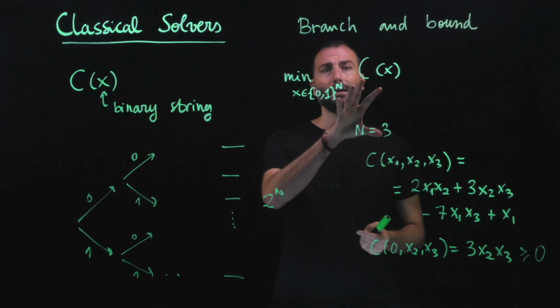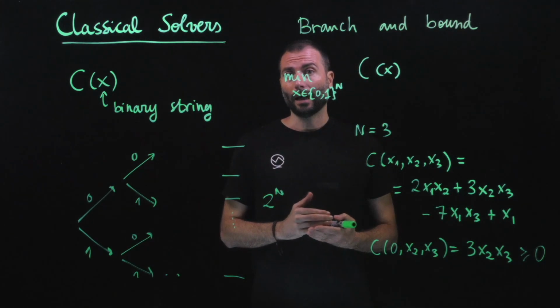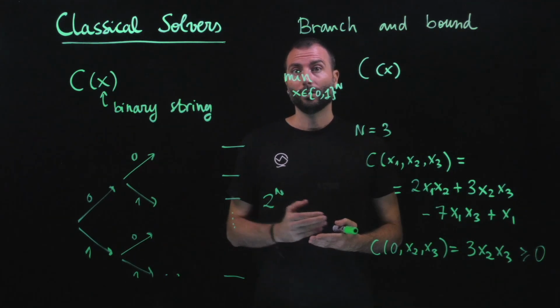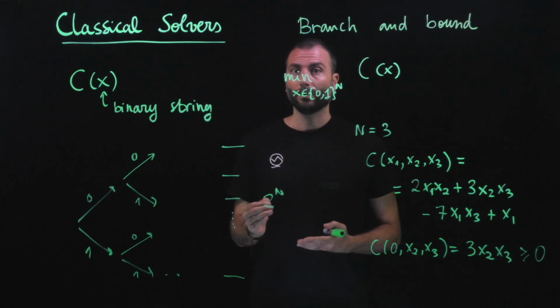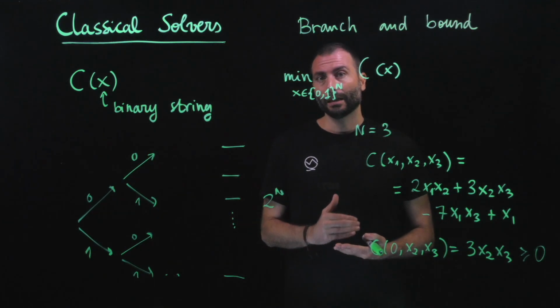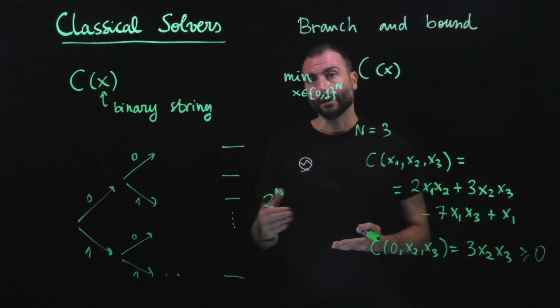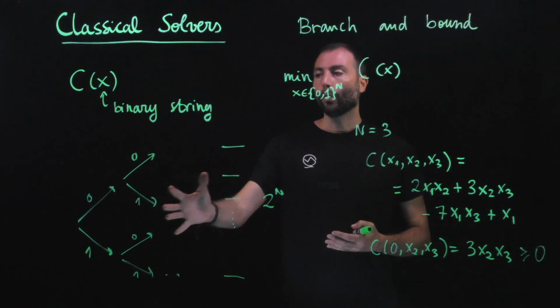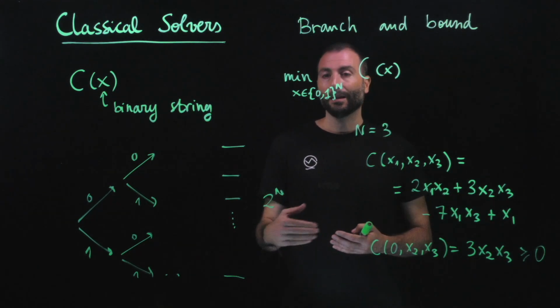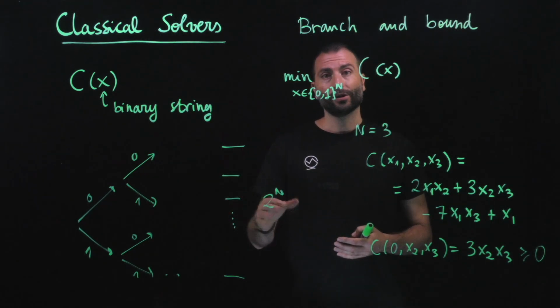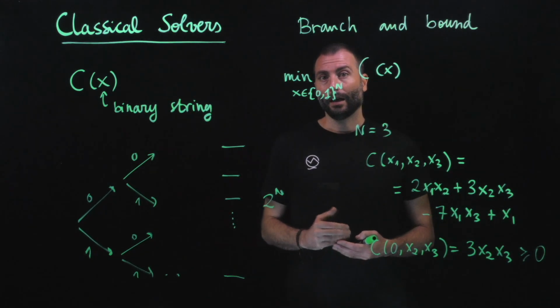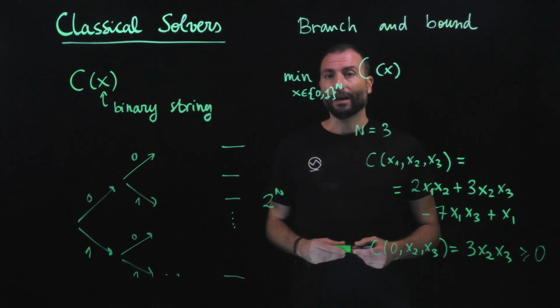The advantage of this algorithm is that it's exact, so you will find the optimal solution. The disadvantage is that if the problem size is big, then you have so many possibilities that even if you bound some branches, anyway, it takes a long time.